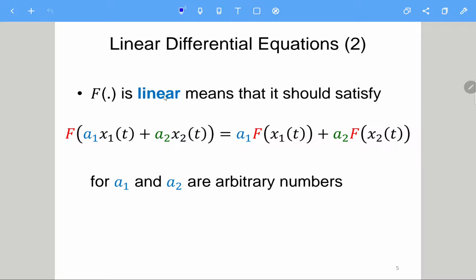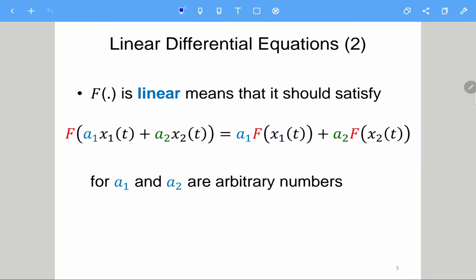The definition for a linear function means it should satisfy this expression. It looks quite complicated. It is f of a1 x1 of t plus a2 x2 of t equals a1 times f of x1 of t plus a2 times f of x2 of t.